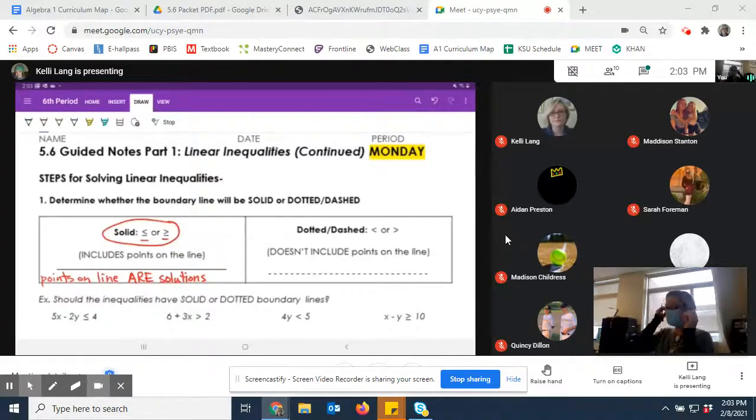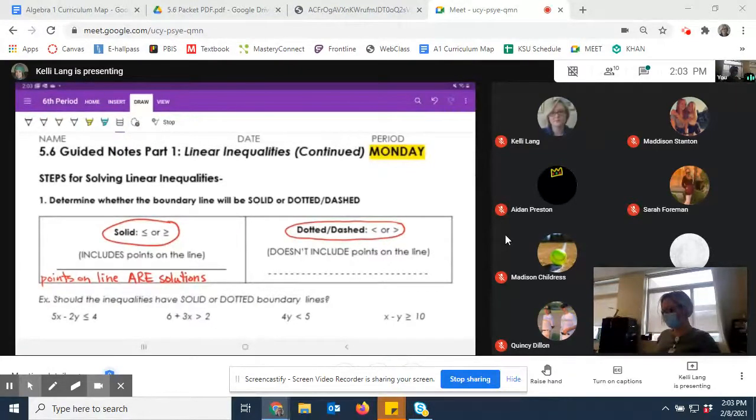When it comes to a dotted line, we've talked about this briefly. Dotted lines are used, or dashed lines are used, when the symbol does not have an equal component. So it's not a greater than or equal to. It's just strictly greater than, or it's strictly less than.